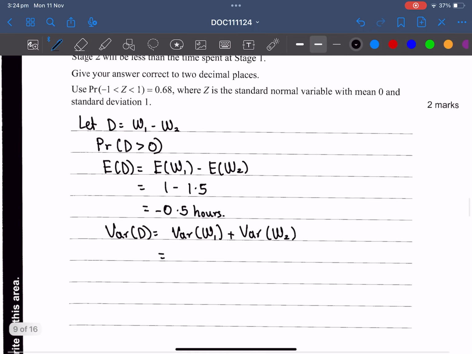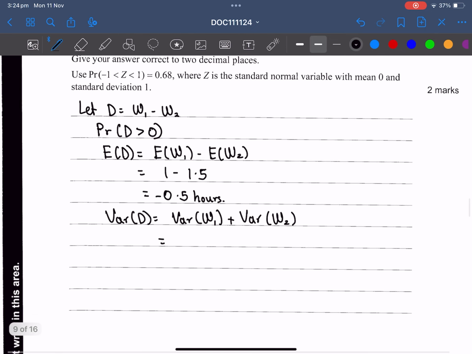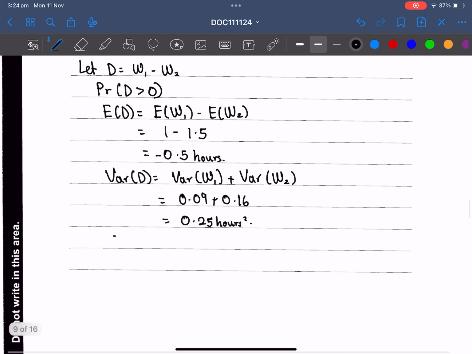Variance of W1 would just be 0.09, plus 0.16 as calculated previously, so that results in 0.25 hours squared. So our standard deviation is the square root of the variance, the square root of 0.25, which is 0.5 hours.